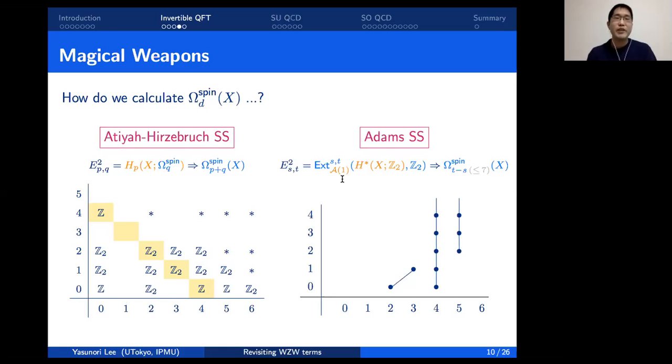I will not explain any detail in this talk, but one can think of these as black boxes, which take certain homology or cohomology groups of the target space X as input and return Bordism groups as output.